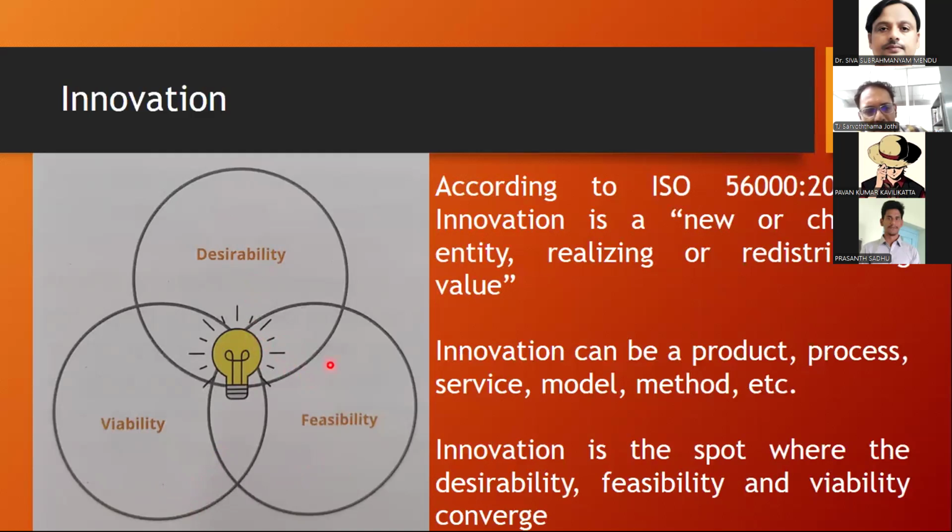Okay, the same thing happens with our renewable energy sources as well. In some cases, the viability of the devices, the appliances, the consumers are not so happy with. In that case, the innovative product dies down.